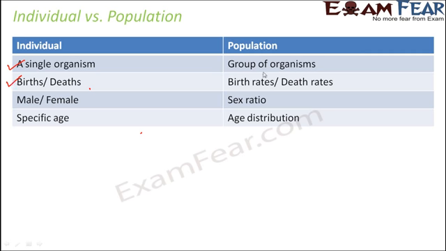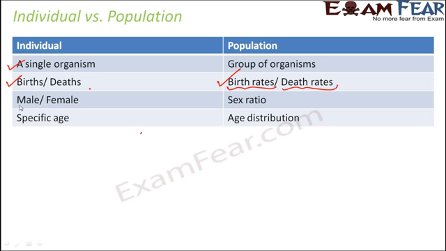But when it comes to population, we talk about birth rate and death rate, because we cannot say that the population is born. A population can never be born, because population is all about multiple organisms. Maybe one or two organisms in that population can be born. So for a population as a whole, we talk about how fast individuals are being born and how fast individuals are dying, the rate of birth and death.